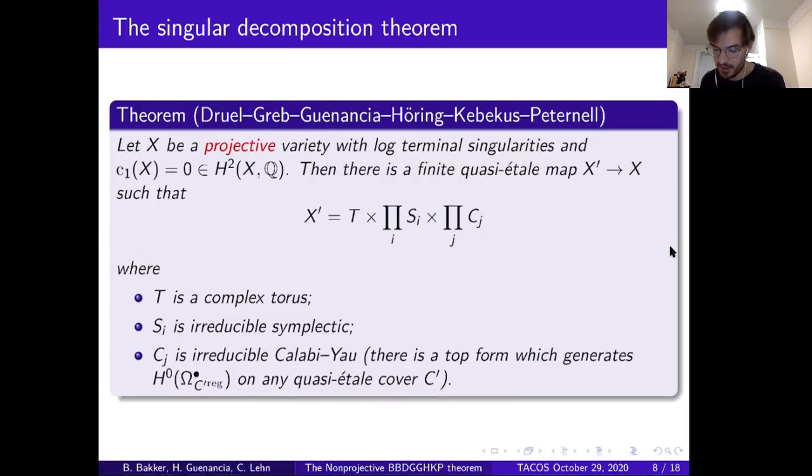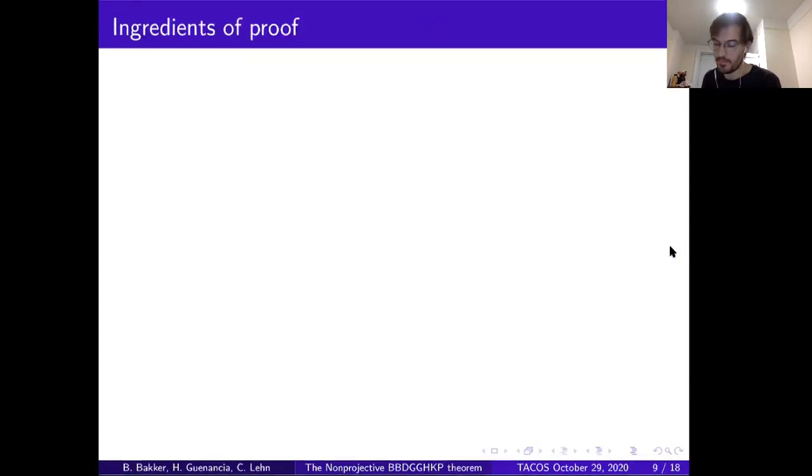Important for this talk is the fact that in the smooth case we were just talking about Kähler manifolds, but here we have to assume that X is projective. And that is because the techniques coming from the smooth case do not generalize to the singular case in certain parts of the proof, and we have to take some algebraic input instead. So let me just go through the basic ideas.